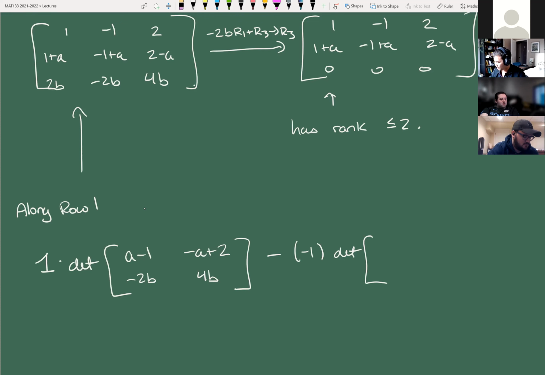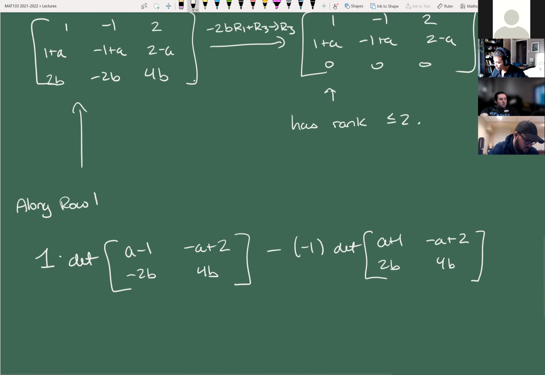Well, now here I'm doing it again. So a plus 1, negative a plus 2, 2b, 4b, and then plus 2 times the determinant a plus 1, a minus 1, 2b, negative 2b.